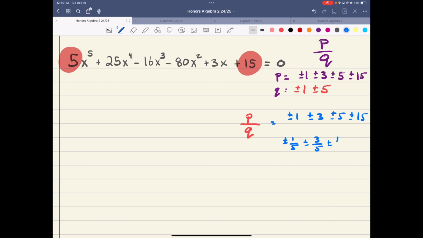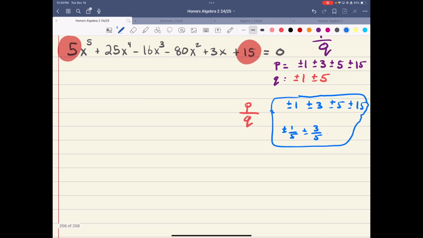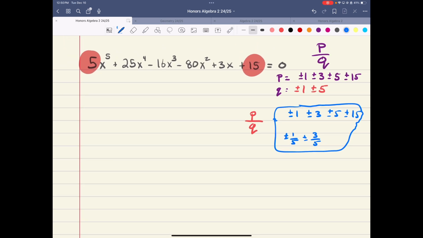And then we've got 15 over 5, which again, we've already got listed when we have our 3 listed. So here are all of our possible solutions, or our possible zeros, for this problem.